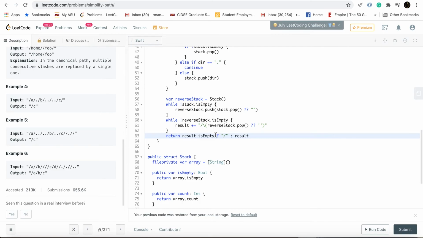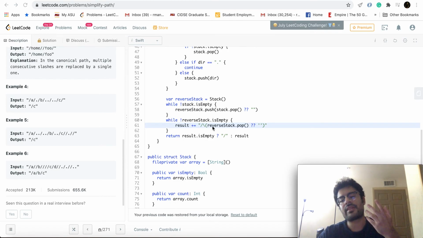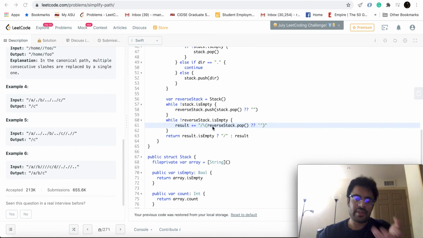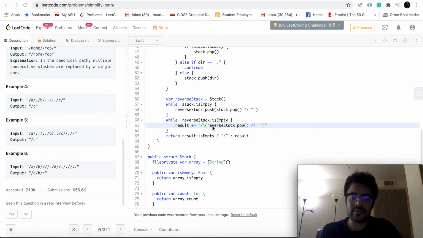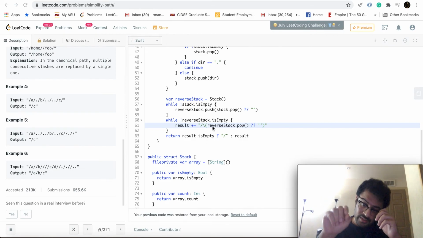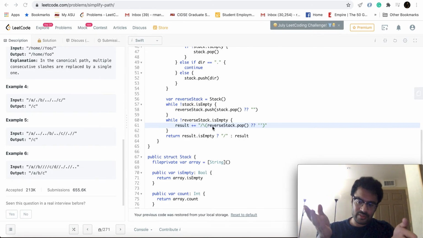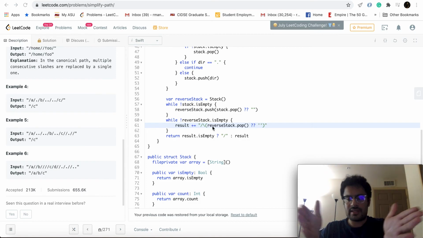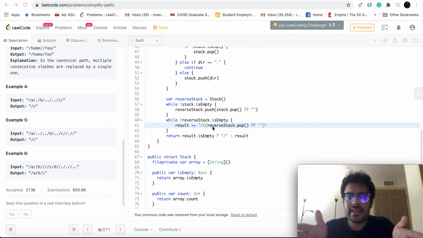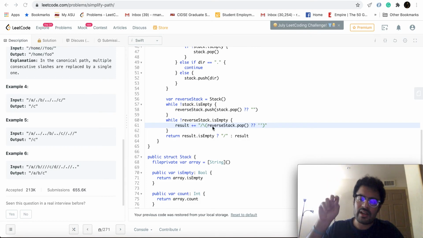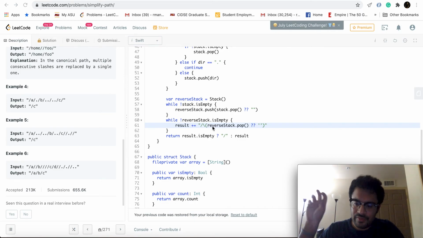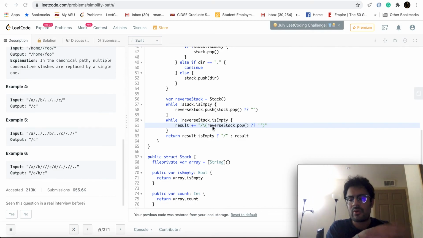This is just a ternary operator that if the result is empty, which is possible when the stack is empty, and the stack will be empty in case, actually it's not just possible if you only have single periods or double periods. It's just possible that you had a sequence of directory names and then you just got a lot of double periods, so you popped and popped to the root directory, or it is possible that you only have single and double periods.